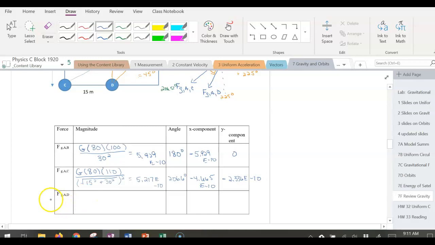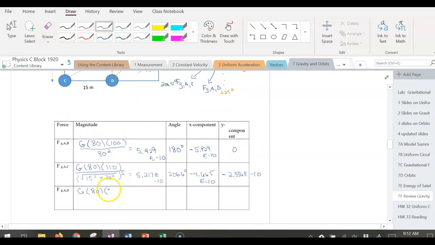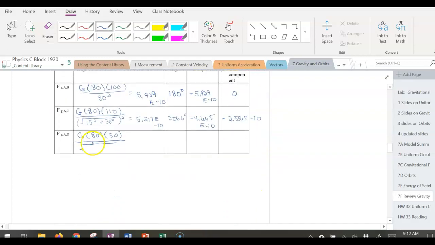Okay? And then the last force is the force that D is imposing on A. So the mass of A is 80. The mass of D is 50, and then that diagonal between D and A is the square root of 15 squared plus 15 squared.